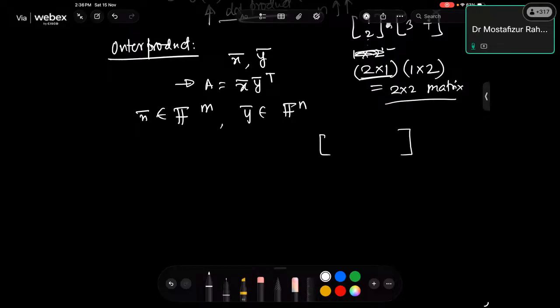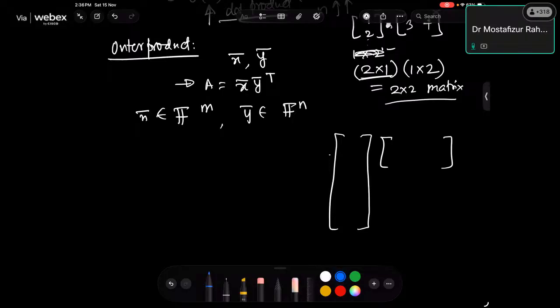There are two vectors. One is this particular vector x bar, and another is this particular vector y bar, which has two elements, say this and this, and these are not zero.